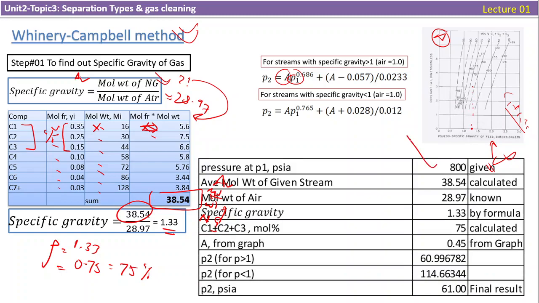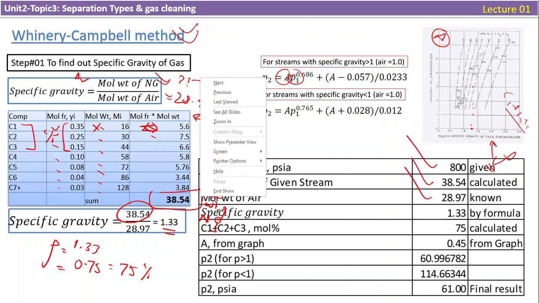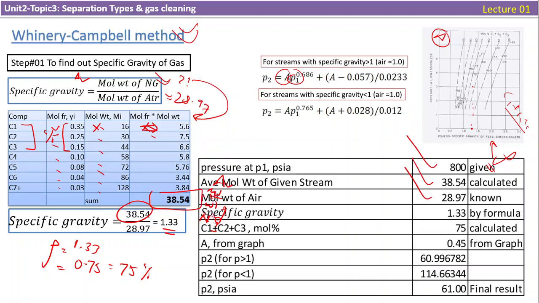So pressure is given here, the molecular weight we have calculated, and the molecular weight of air we have also calculated. The specific gravity we have calculated, and the 75% we have calculated from the given compositions. So it comes around the value they have given at 1.33 and 75%.